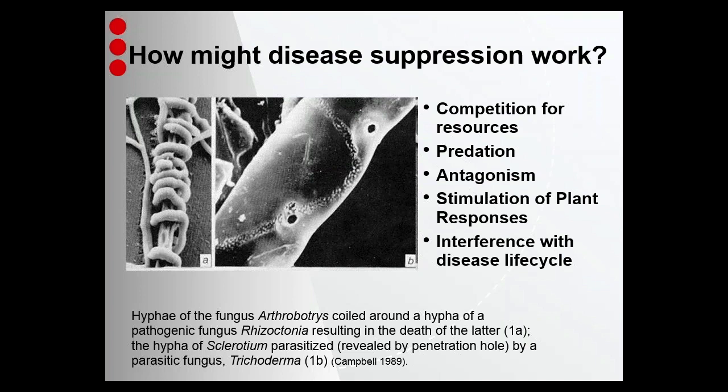And use of compost teas, again, partially by competition, can simply reduce the likelihood that that population reaches a high level and can begin that pathogenic phase.